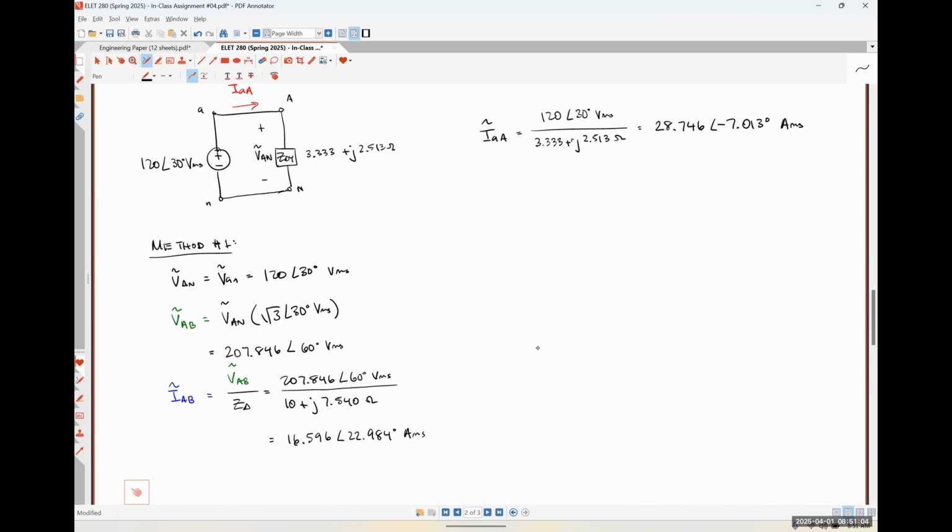So this is the first method, right? So if we're able to find the phase to neutral voltage across our transformed load, then we can transform that voltage into a line to line voltage, which will be the voltage drop across our delta connected load.